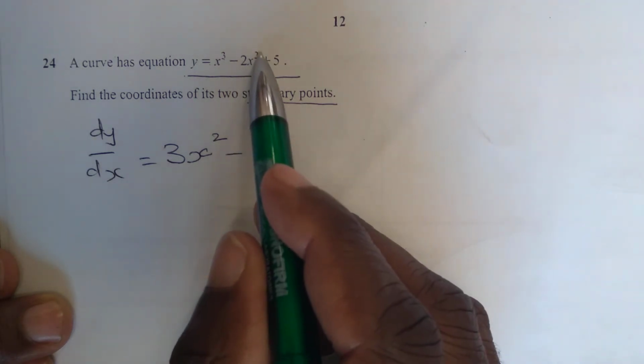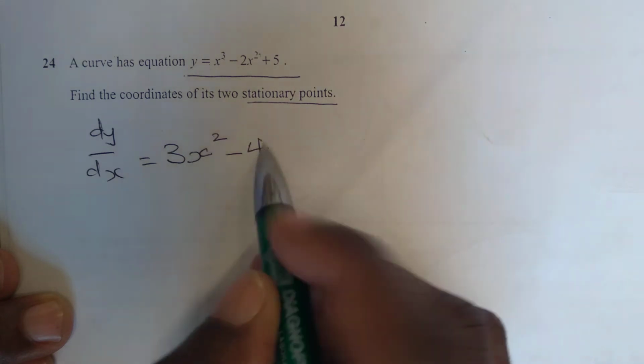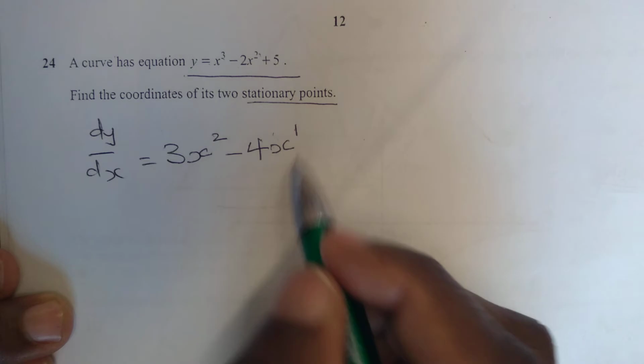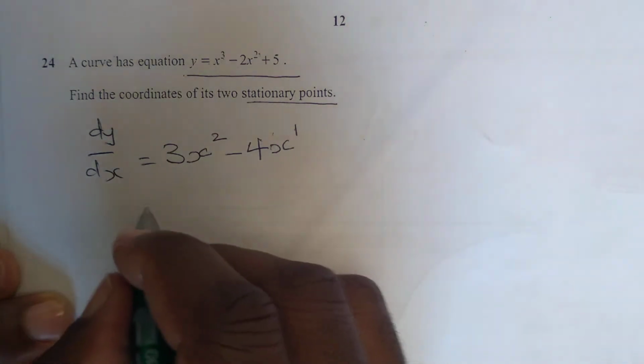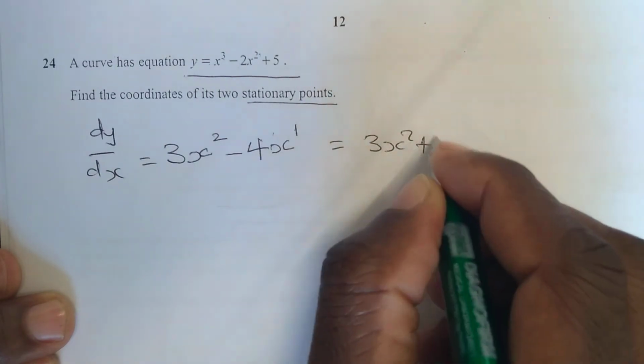Minus this 2, you bring it down, it multiplies that 2, you get a 4. The power is reduced by 1, so 2 minus 1, it becomes 1. So basically this is just as good as 3x squared plus 4x.